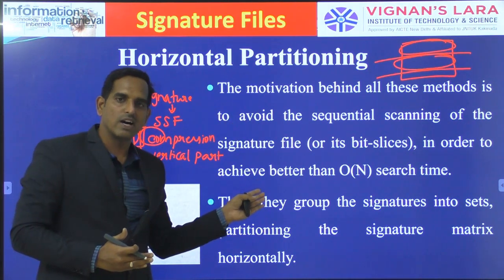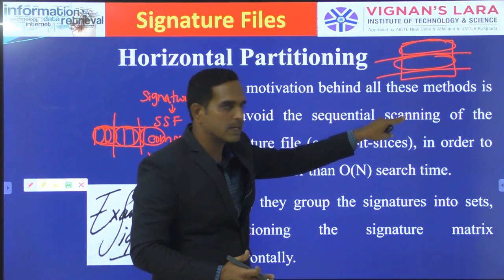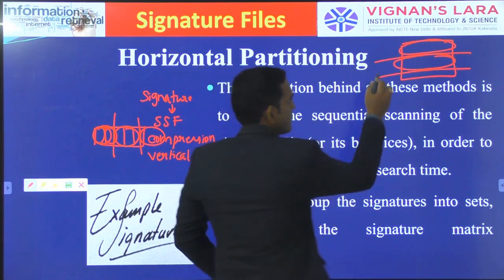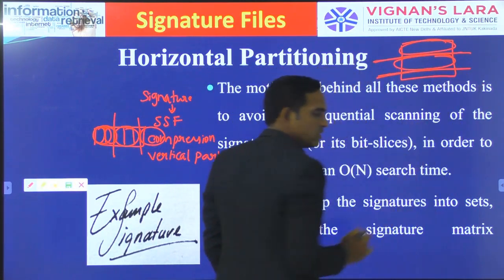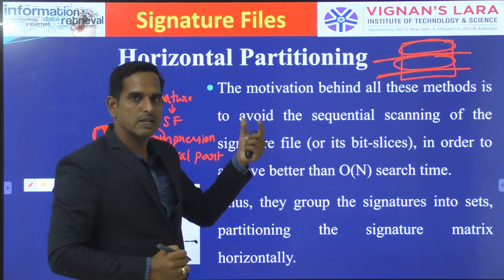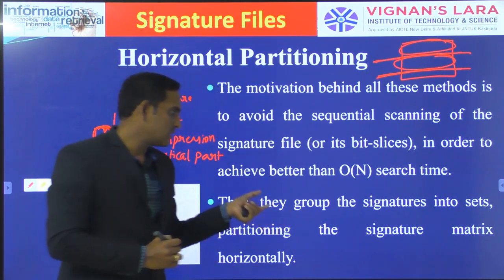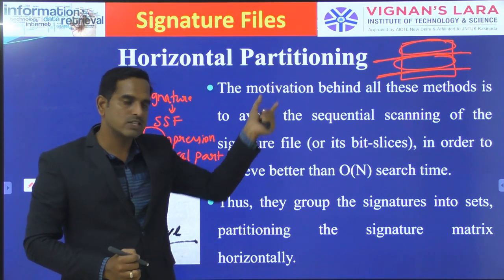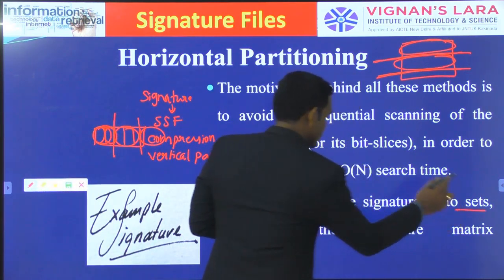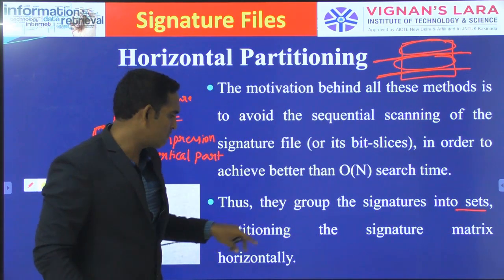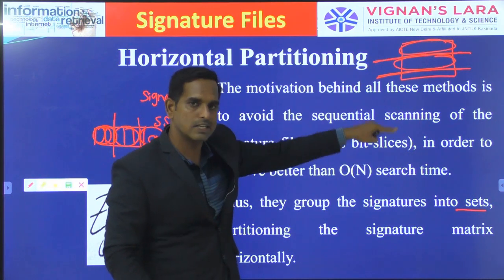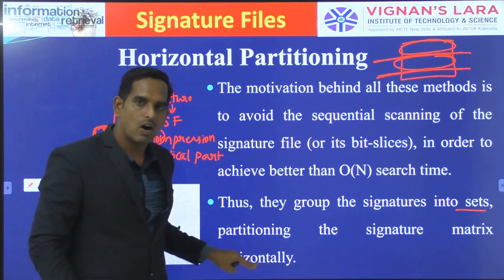Whereas in horizontal partitioning, you take the complete signature file and break it down into sets. Each set is treated separately, and this grouping of signatures is called a set, formed by partitioning the signature matrix horizontally.